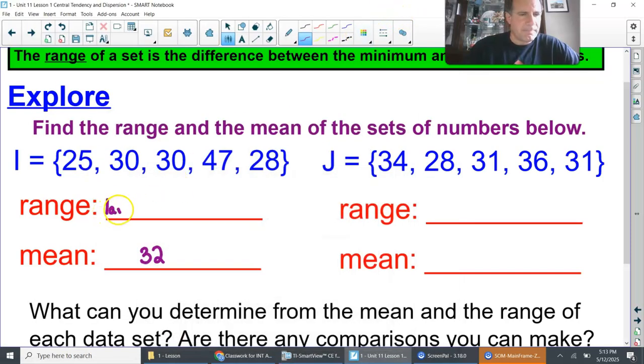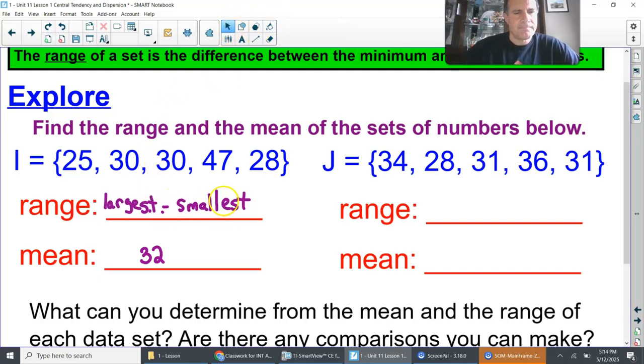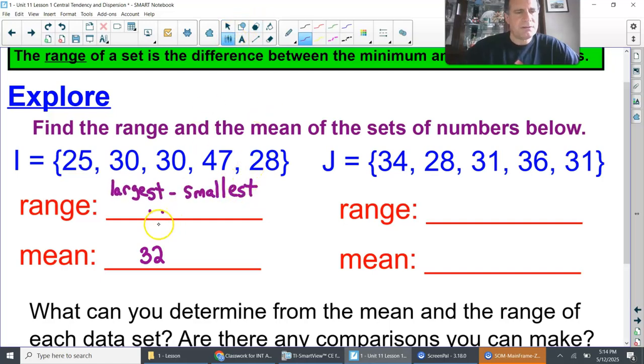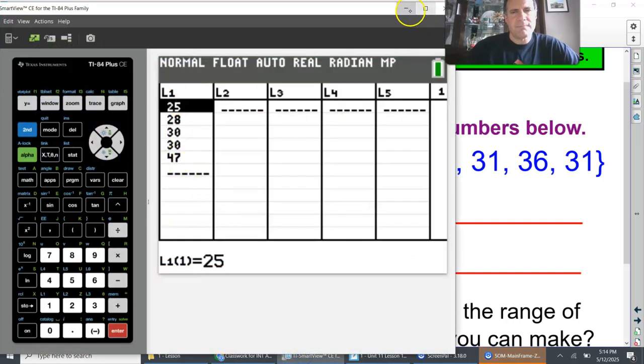Largest minus smallest. And those two numbers, if you take a look at your list, are 47 minus 25.